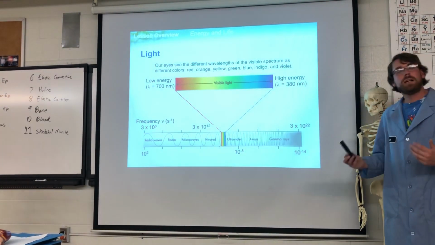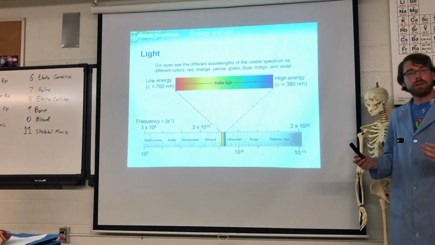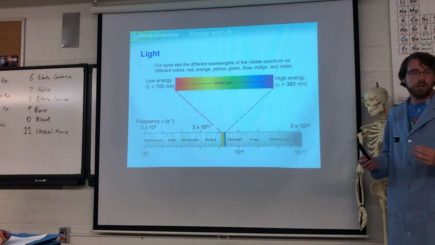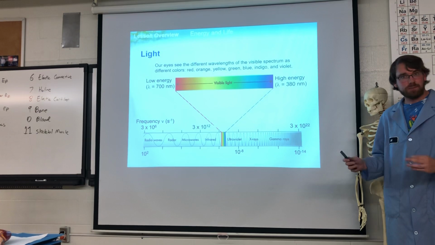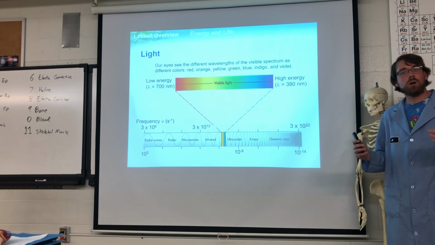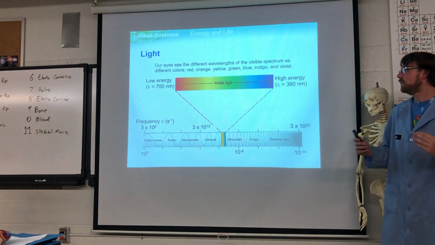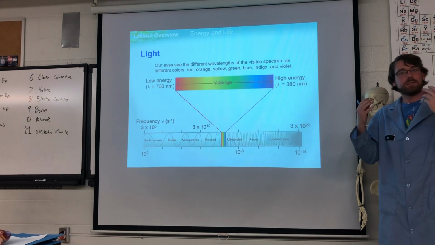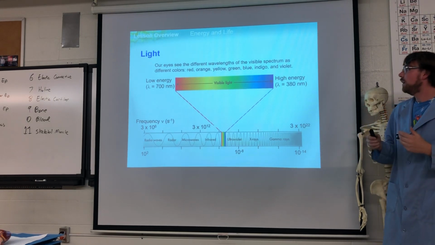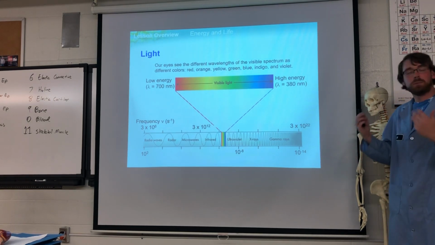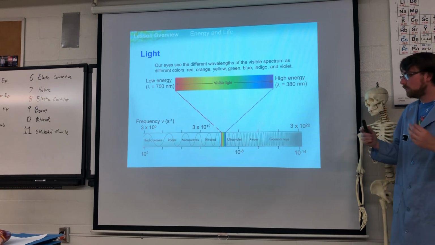So, we're now going to start talking a little bit about photosynthesis. To explain photosynthesis, we first need to talk about light. So, our eyes are sensitive to light. They see different wavelengths of a visible spectrum as different colors.